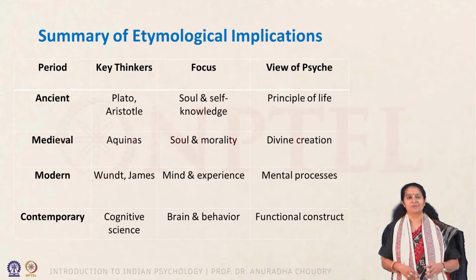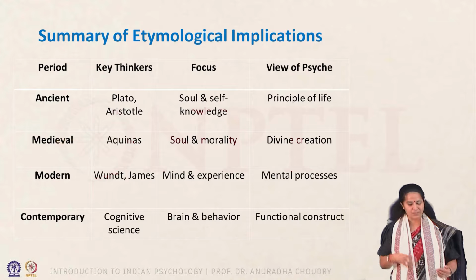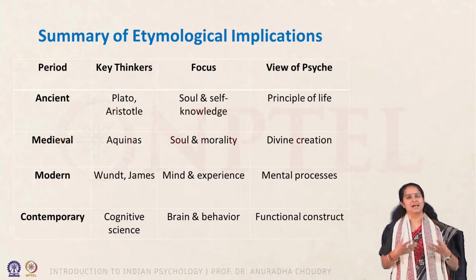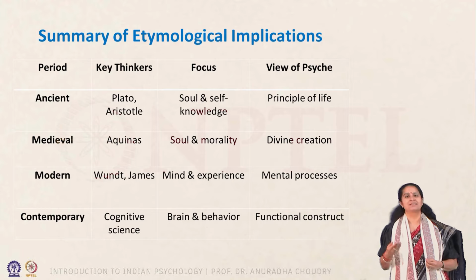And therefore, just to summarize it for you, we see that in the ancient period, people like Aristotle and Plato talked of it as the soul and self-knowledge, and viewed psyche as a principle of life. In medieval times, Thomas Aquinas and other scholars of theology looked at it as soul and morality and considered it as being part of divine creation.